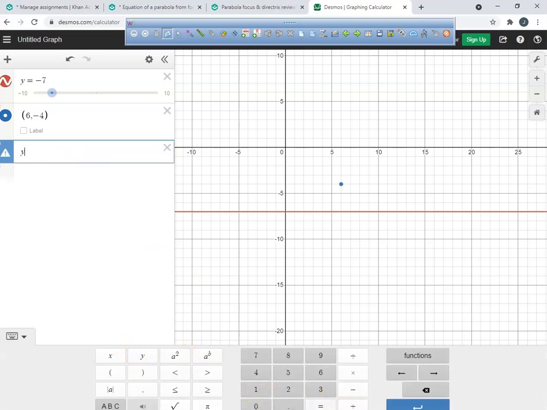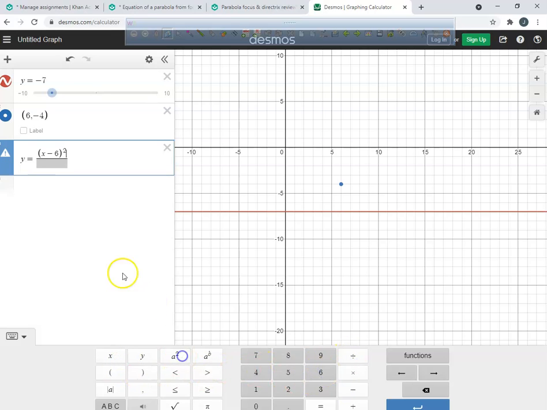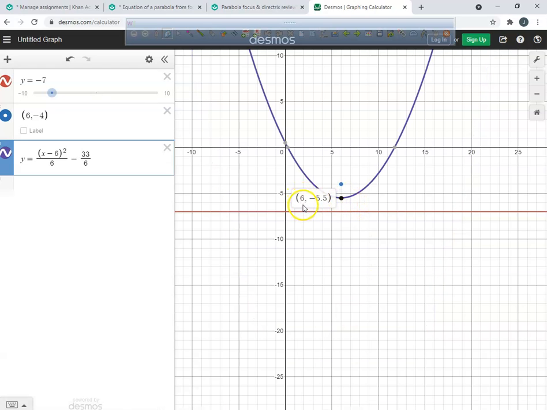Y equals, division bar, open parentheses, x minus 6 squared over 6 minus 33 divided by 6. Where did I say the vertex was going to be? At 6 and negative 5.5. So I feel pretty good about typing in that answer into the Khan Academy. All right.